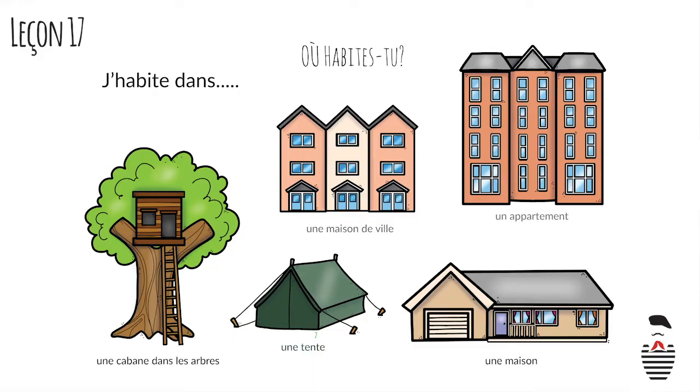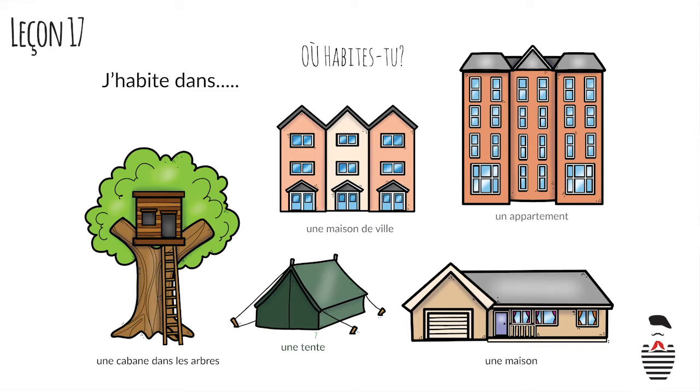So if you look at the first page of your activity, you will see on the top you have Leçon 17, and just underneath that, où habites-tu? Où means where. Habite means live, and tu means you.